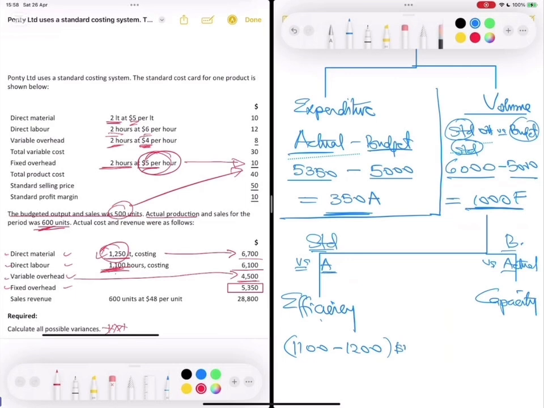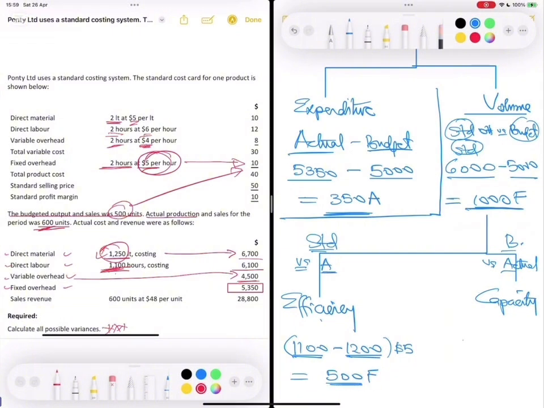So at $5, that will give us 500. That's 100 times 5. Favorable or adverse? Number of hours actual versus what we should have spent. So this has to be favorable, because we spent actual 1,100 versus the 1,200 that we should have spent.